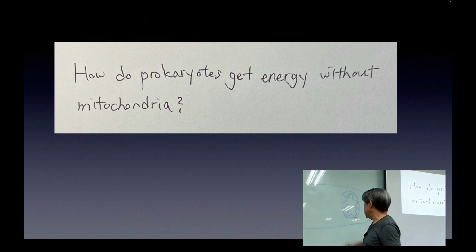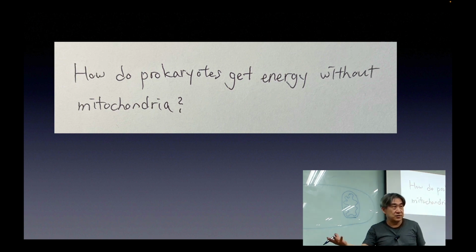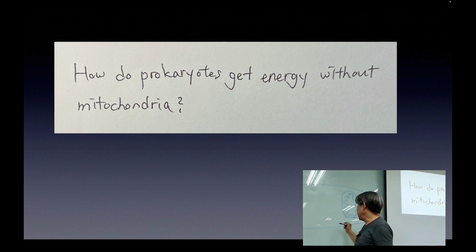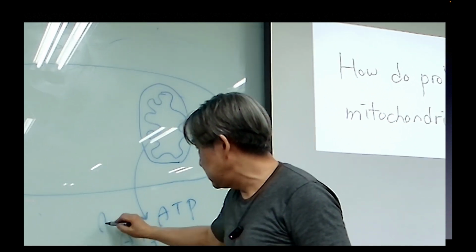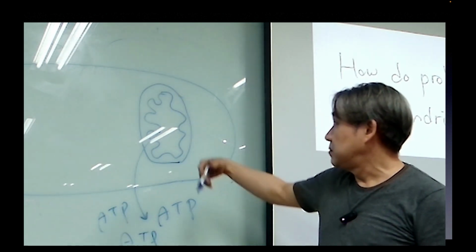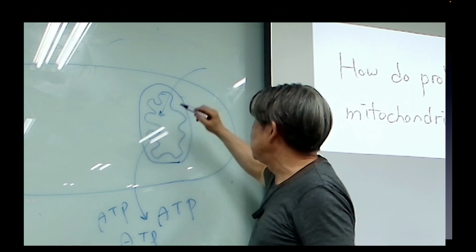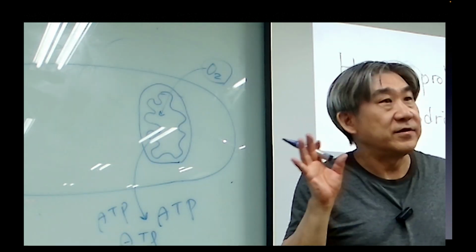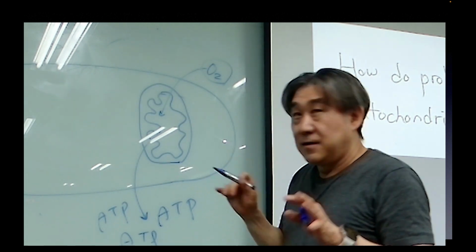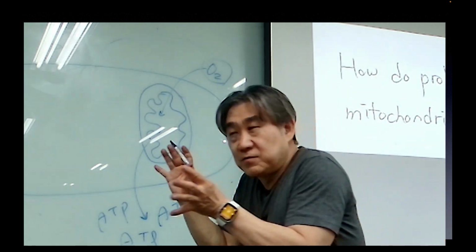For simplicity, I omitted all other structures like the nucleus. So this mitochondrion is the one generating a huge amount of ATP. But for that, you need to provide the mitochondria with oxygen. But that's only a small part of the story.